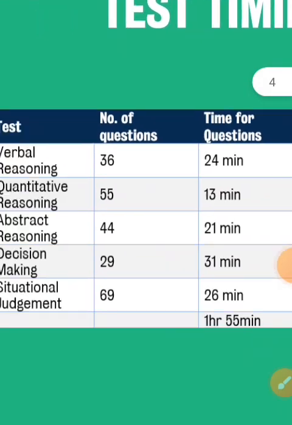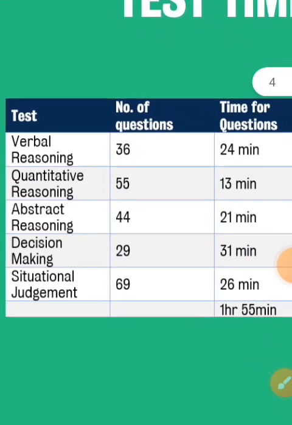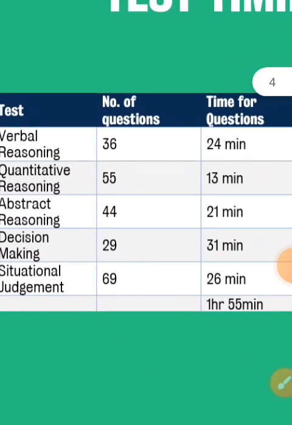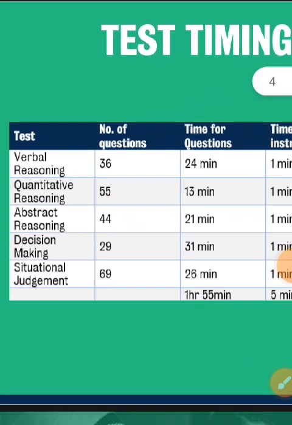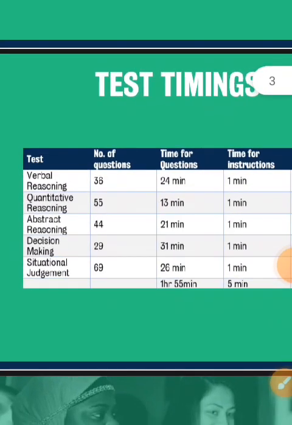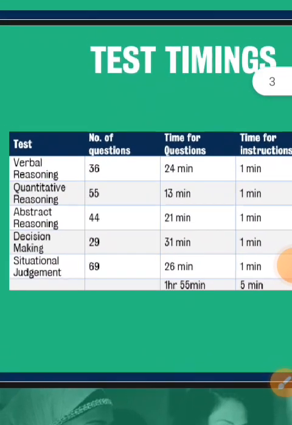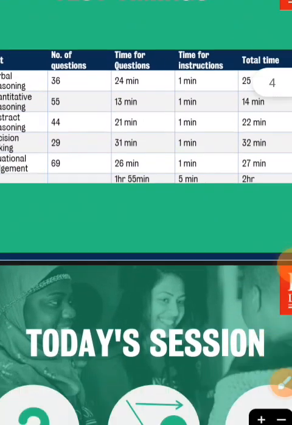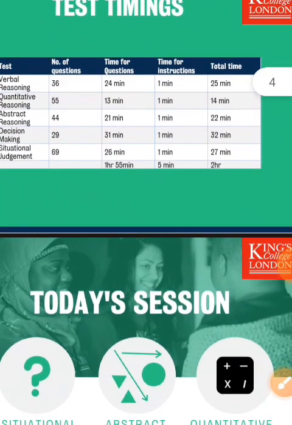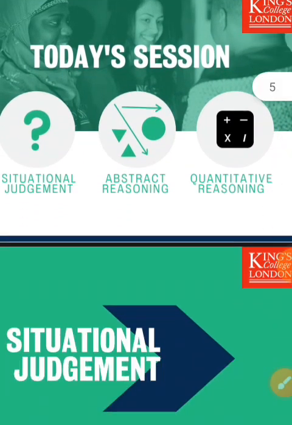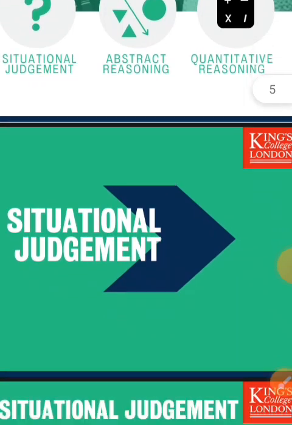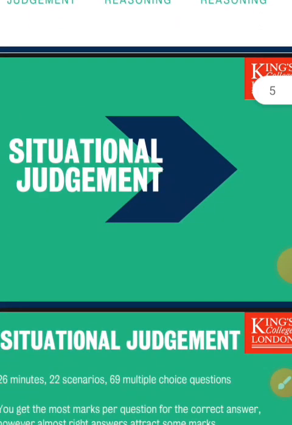Even in abstract reasoning, we have 44 questions within 21 minutes. So here you see that each question may have about 20 seconds, and you should do it in a very rapid way, quickly, so that you may get all the marks.